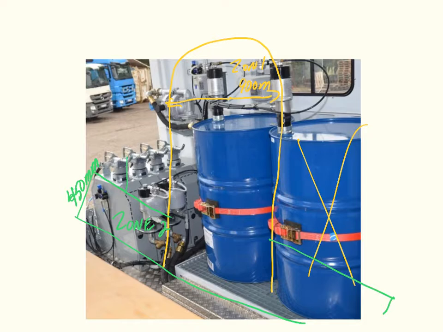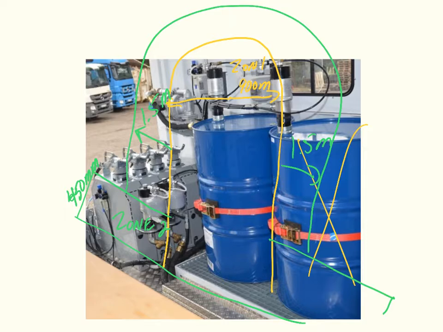It also extends up and around the Zone 1 location out to 1.5 meters on either side, and again, that's a radius. So technically, if we were to draw a center here, center of that valve out 1.5 meters, this of course is a Zone 2 location as well.